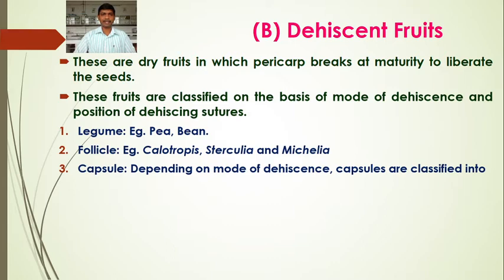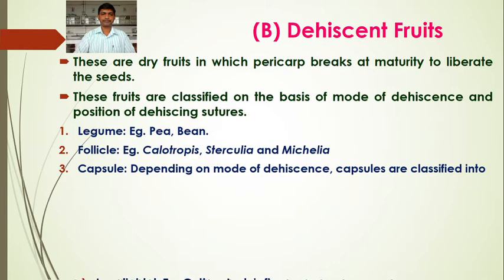There are different types of dehiscent fruits: legume, for example pea, bean; follicle, Calotropis, Sterculia; and capsule. The capsule is again divided into subtypes on the basis of mode of dehiscence.